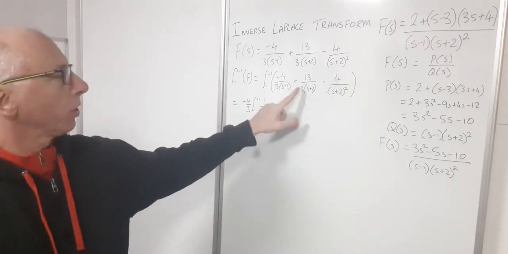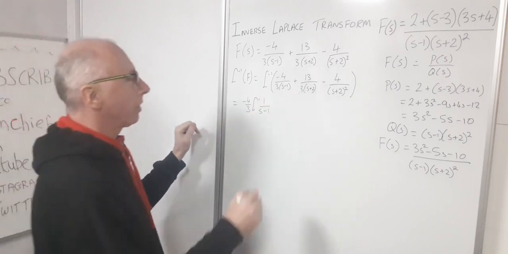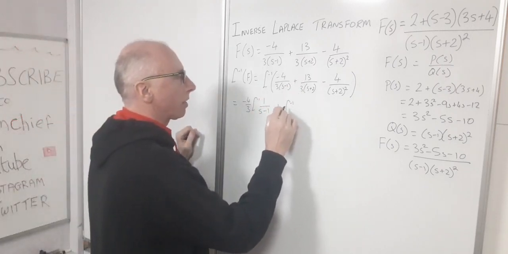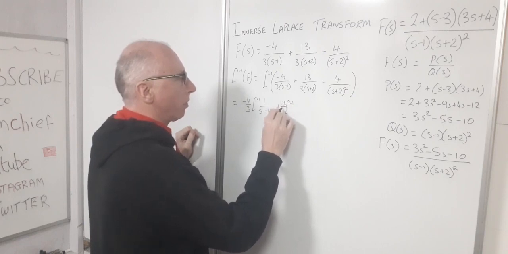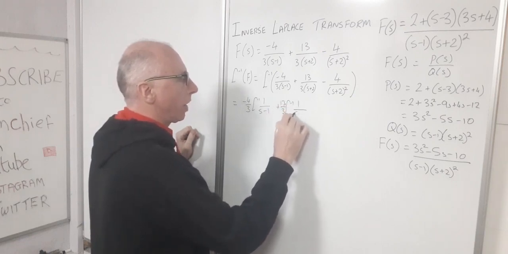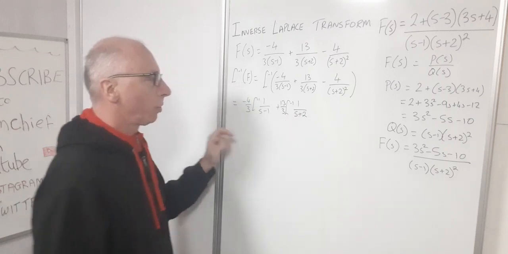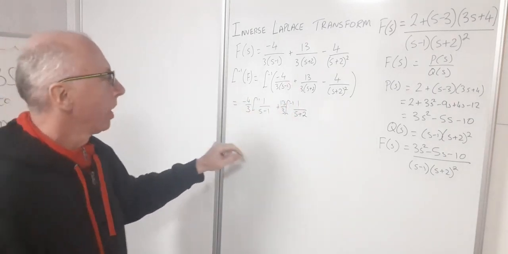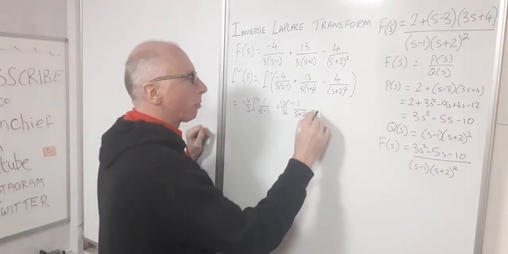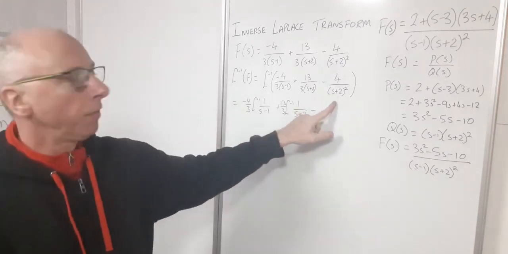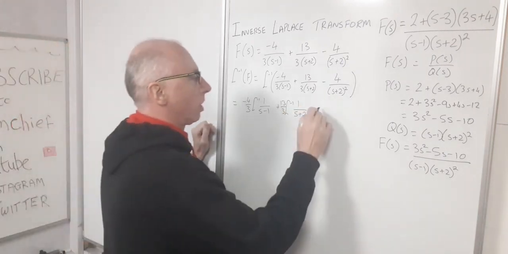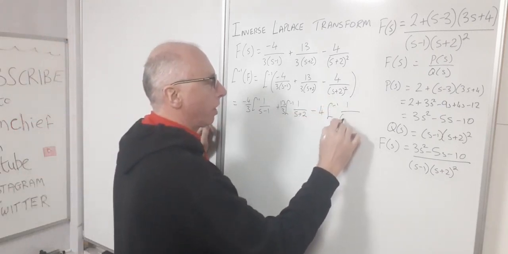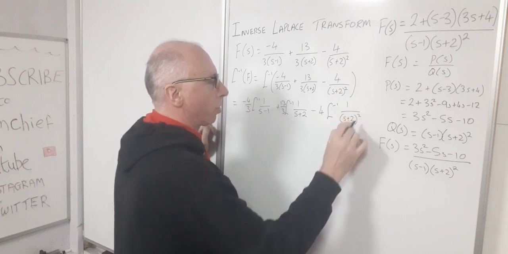Now this one here, I'm going to do the same. I'm going to take the constant out of that one as well. So now I'm going to add the inverse Laplace, 13 over 3, 1 over s plus 2. So that will take care of that with a positive sign. And now here, subtract. Now I'm going to have 4 times the inverse Laplace of 1 over (s + 2) squared.